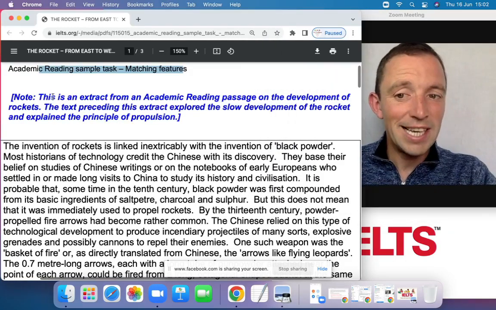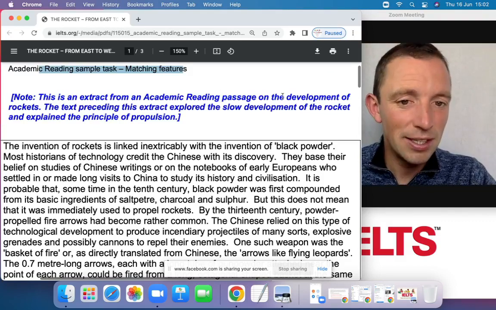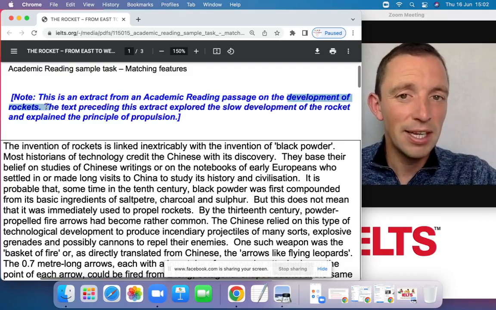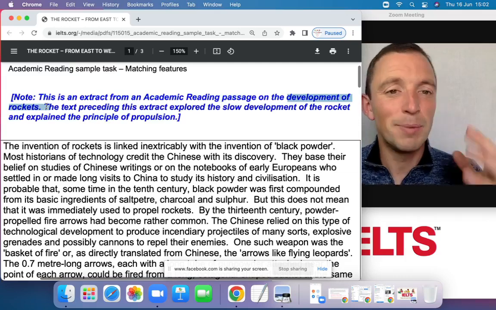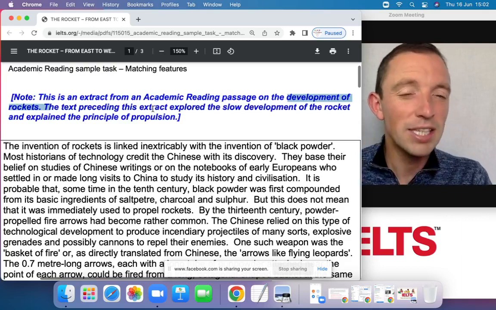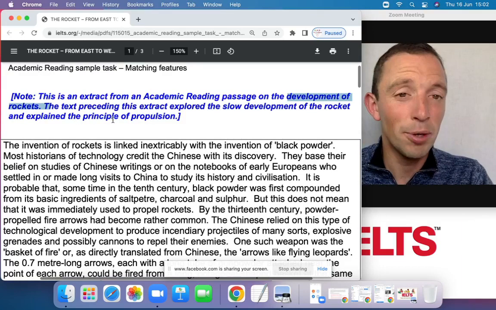So this is an extract from an academic reading passage on the development of rockets. Very peculiar, very specific topic on the development of rockets. The text preceding this extract explored the slow development of the rocket and explained the principle of propulsion.